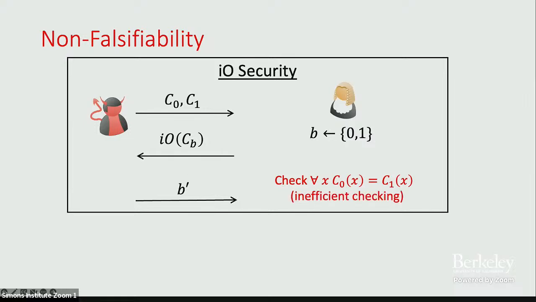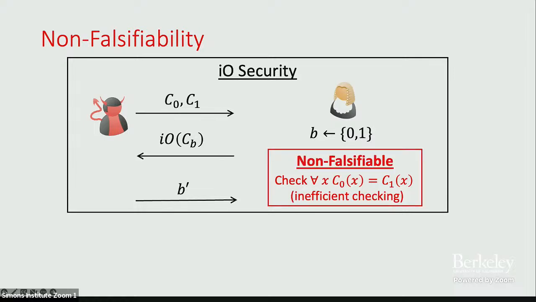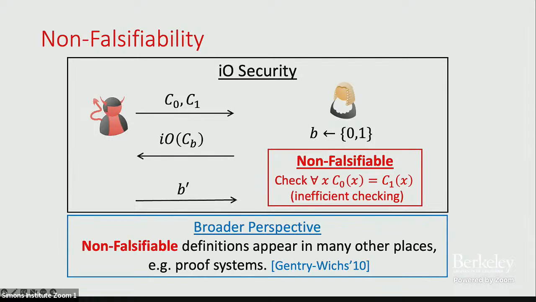But this checking is inefficient because the challenger needs to enumerate all possible inputs to C0 and C1 and check if they output the same output. We call this kind of security definition non-falsifiable because the running time of the challenger is not polynomial. And this is the source of the issue.